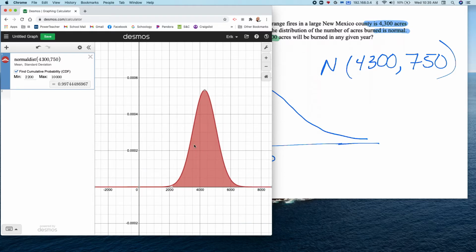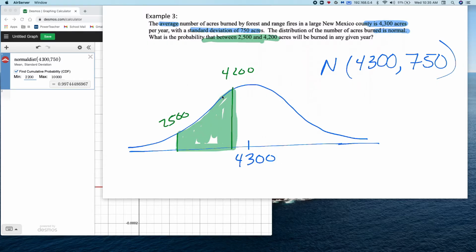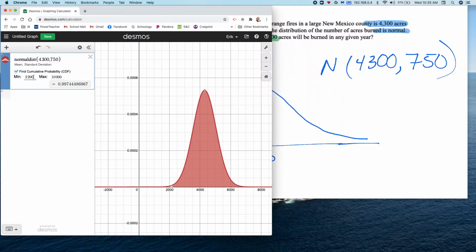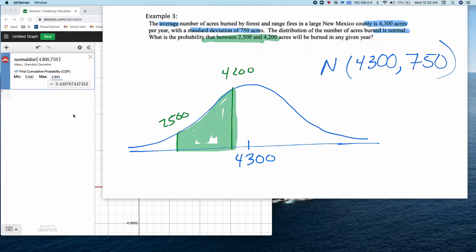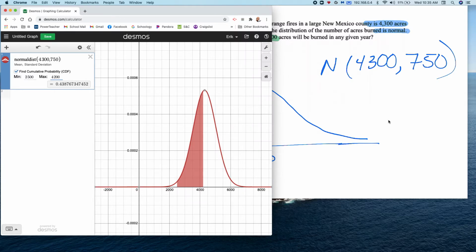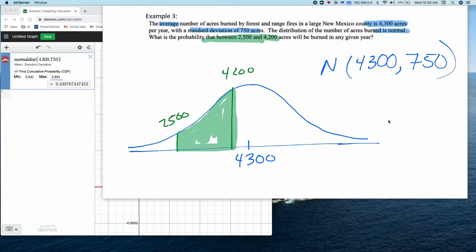Now, I've got this cumulative distribution. I know that in my problem, I'm going from 2,500 to 4,200. So if I go down here and do 2,500, and go up to 4,200, you see that it's roughly the same thing that I colored in. My curve looks a little bit not as steep, but it's the same kind of thing.